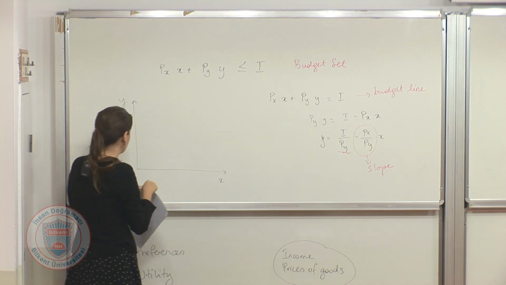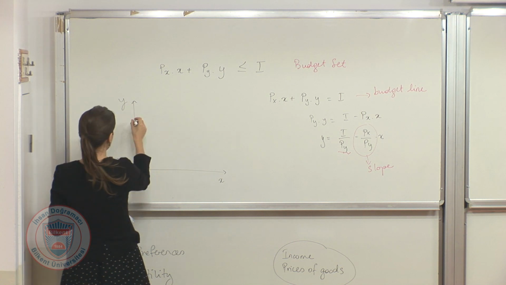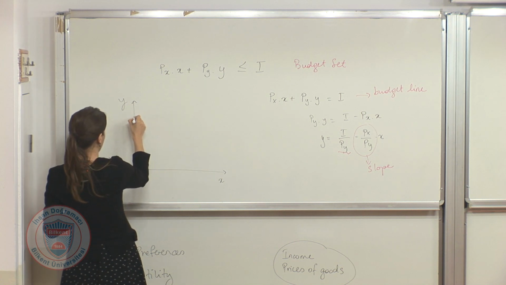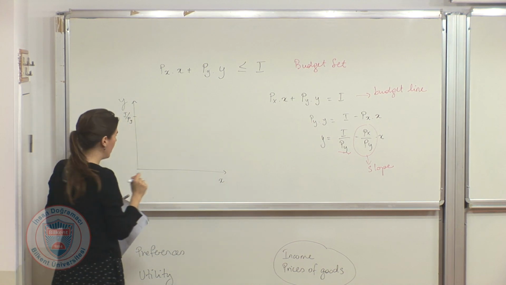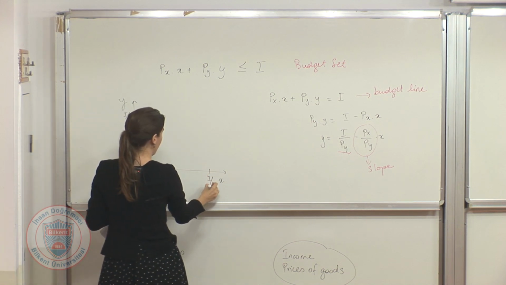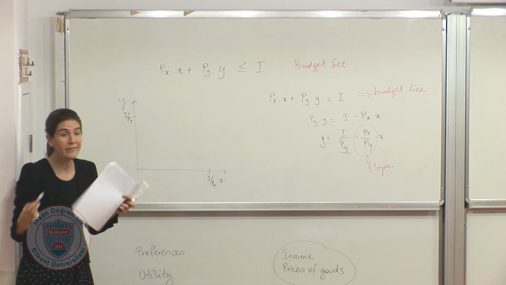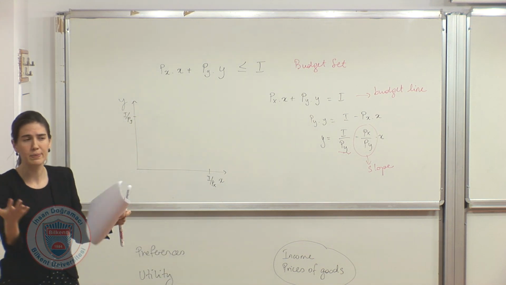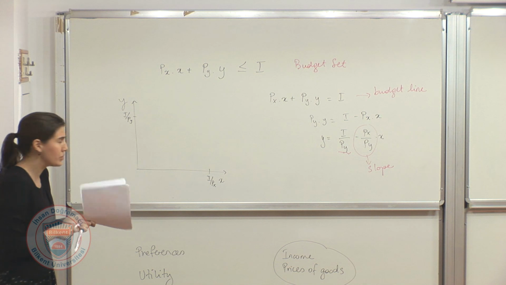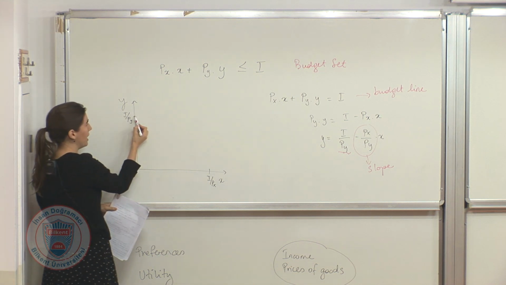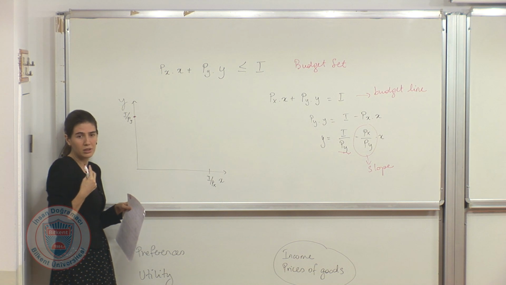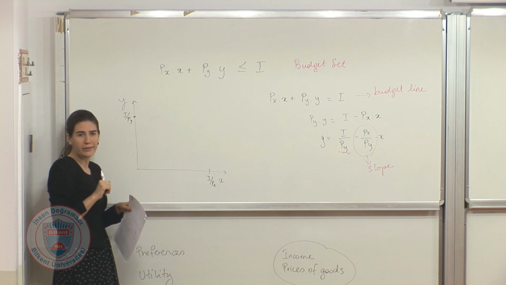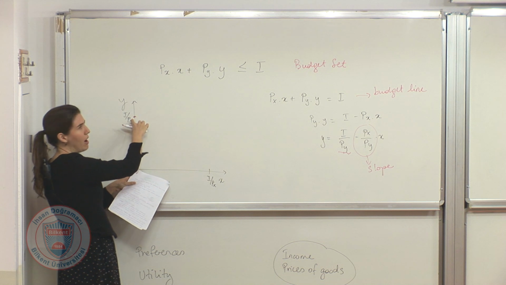So let's actually draw this. This is the y-intercept, I divided by Py, and this is I divided by Px. Even these intercepts, you can explain to your grandma. You can say this is the amount of Y when you spend all your money on Y, so this is the maximum amount of Y you can buy.